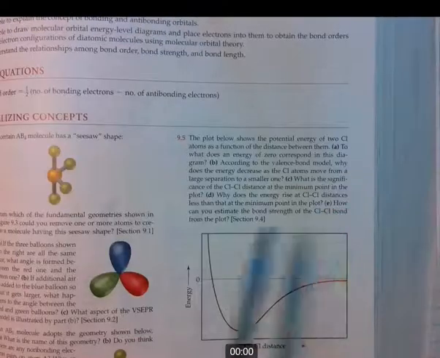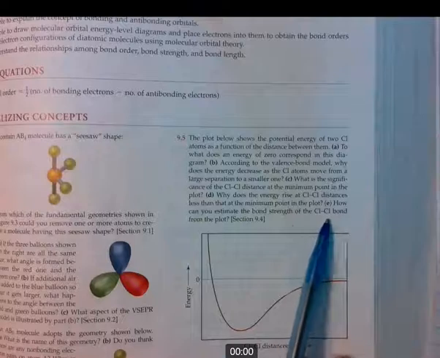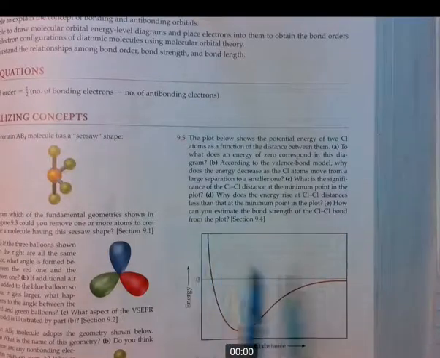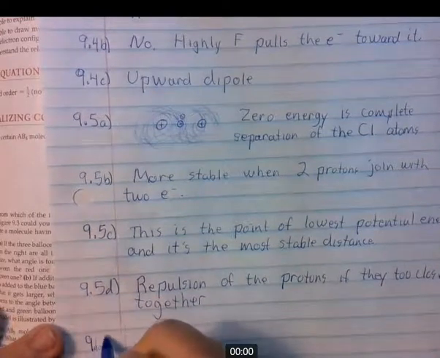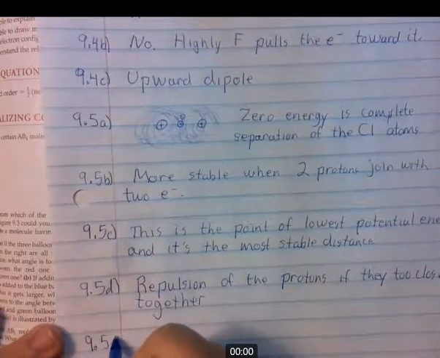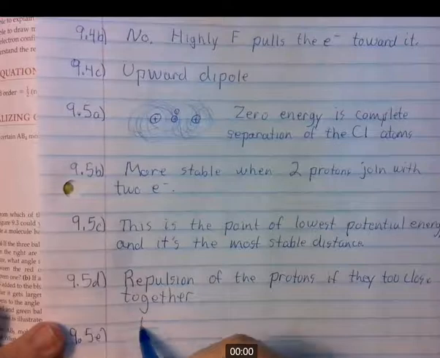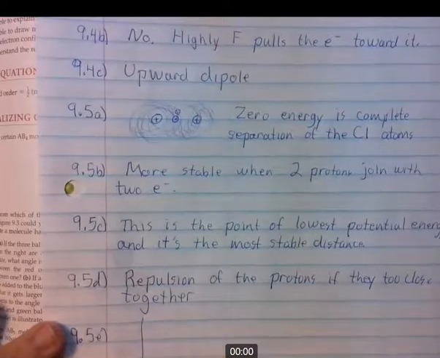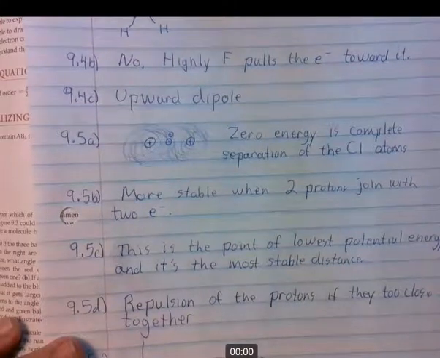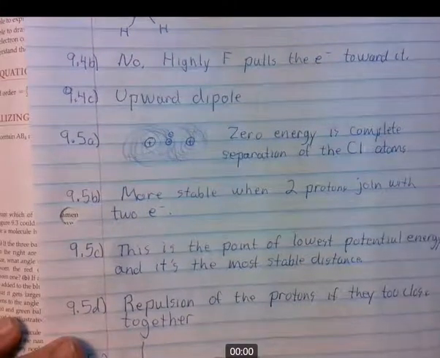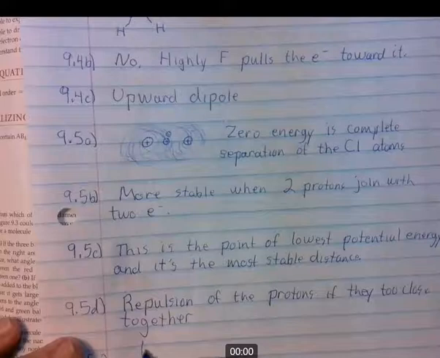Okay, and finally E, how can you estimate the bond strength of the chlorine-chlorine bond from this plot? That would simply be, if we roughly reproduce that curve, where this is 0 right here, and it comes in, goes down, and then comes back up.